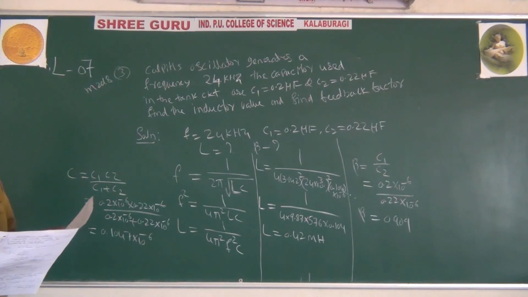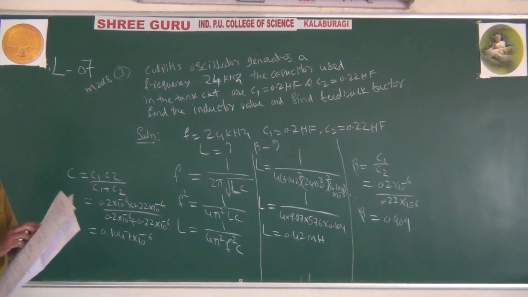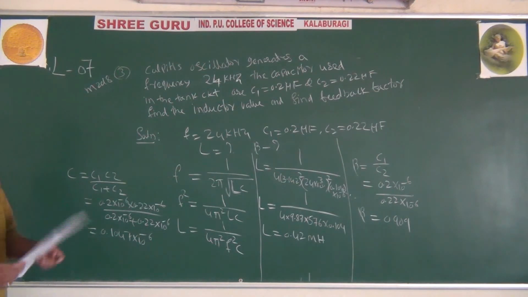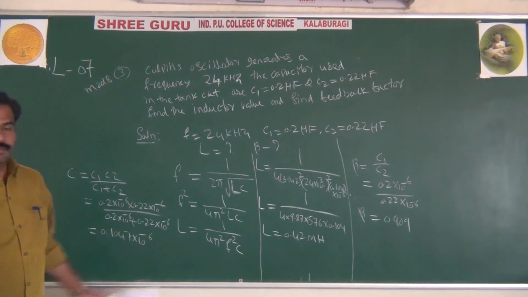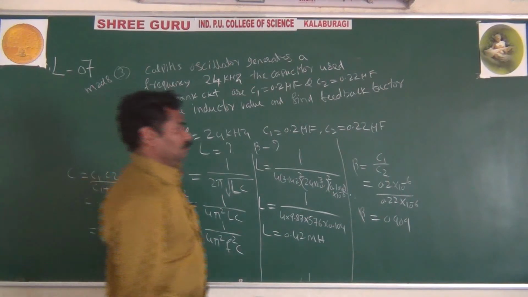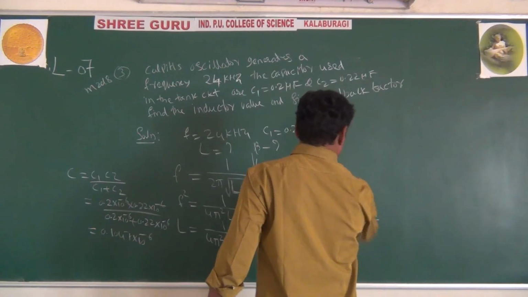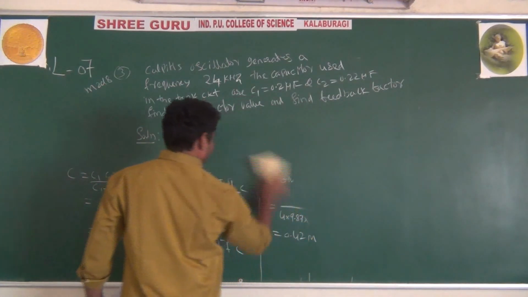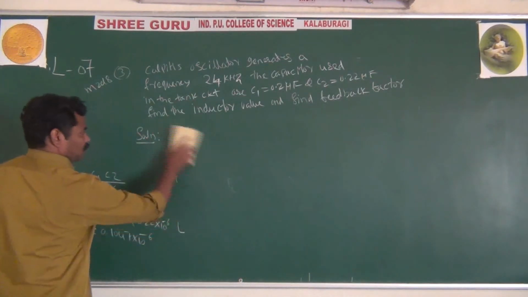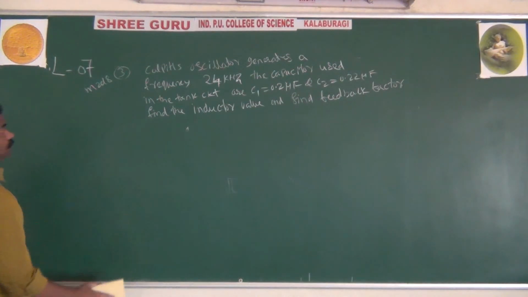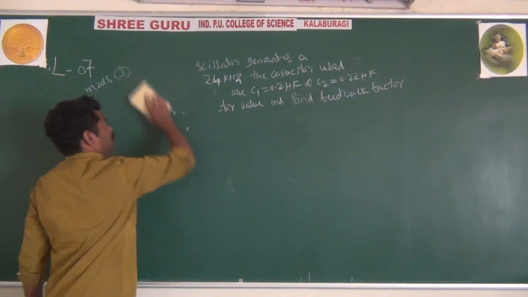Now we will go for another problem, that is about the Hartley oscillator. This is also a very important problem. Maybe you have followed this, and we will go for another problem. Actually, I already said that in your electronics, the problems are simple as compared to physics.